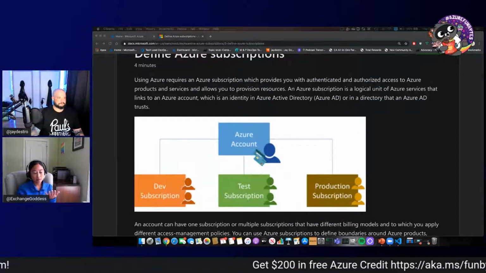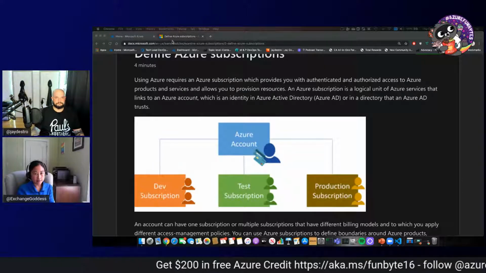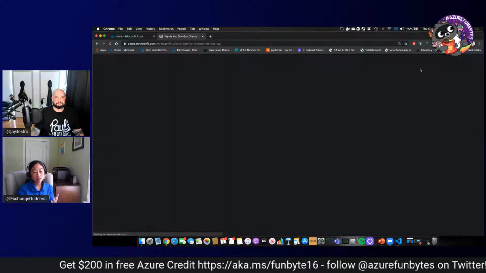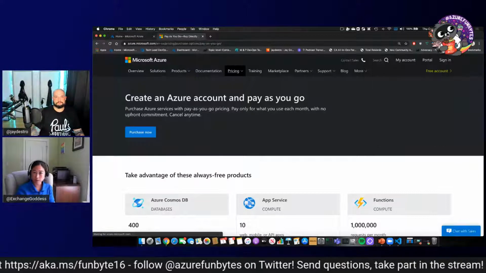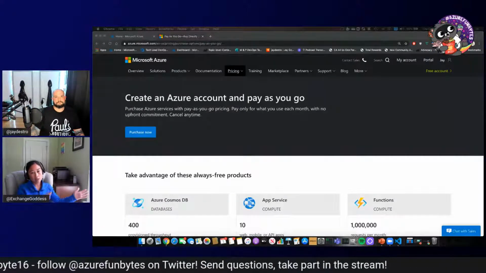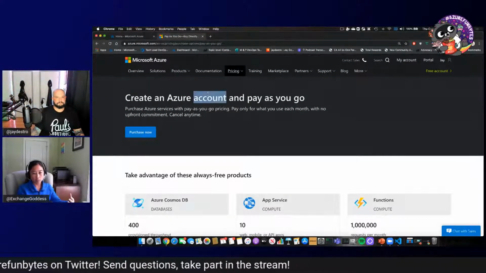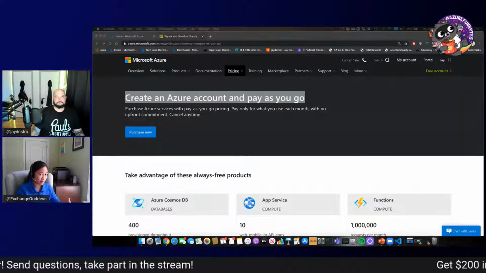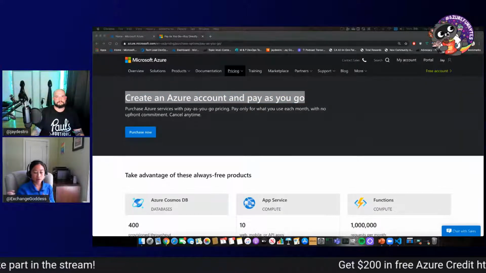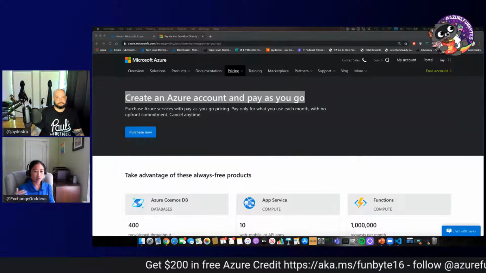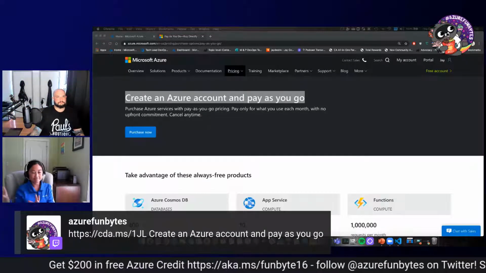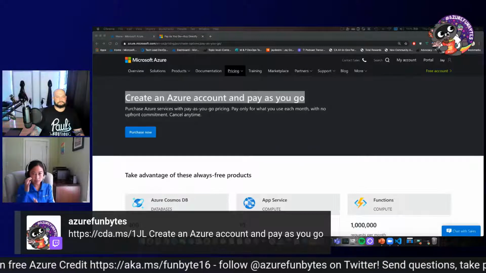So there's different models of the accounts, and then within the accounts, now you're going to have different subscription service levels as well. Enterprise agreement, totally different world than the pay as you go and the Microsoft customer agreement types of accounts, because now you're going to have a TAM, a technical account manager, and all that stuff when it comes to customer support.